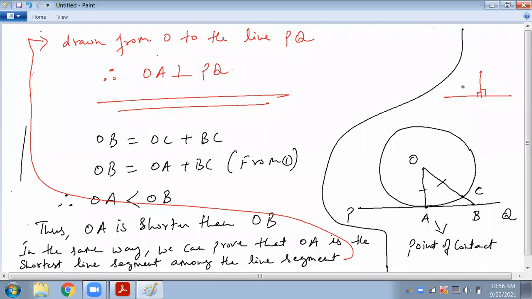From this theorem, if there is a tangent and a radius at the point of contact, then each of them is perpendicular to the other. So the radius is perpendicular to the tangent, or the tangent is perpendicular to the radius.